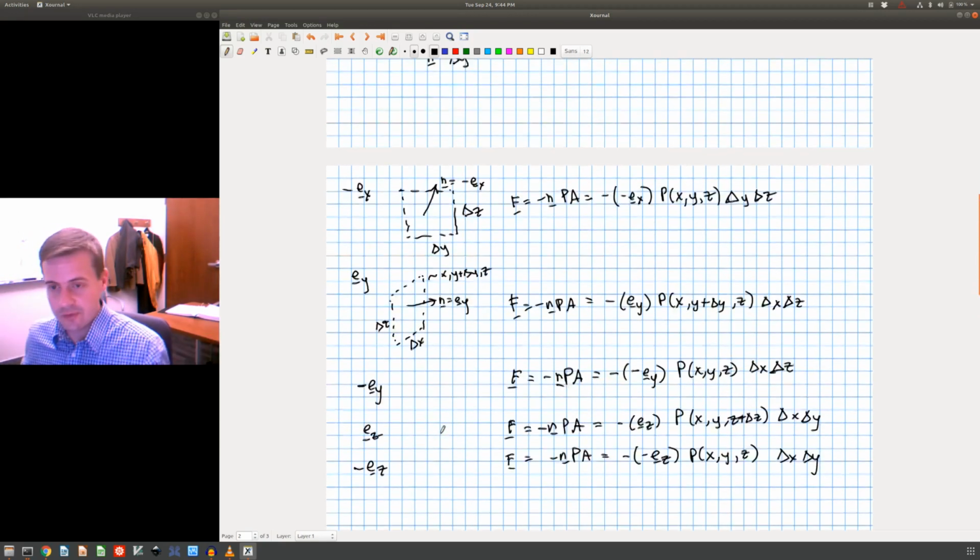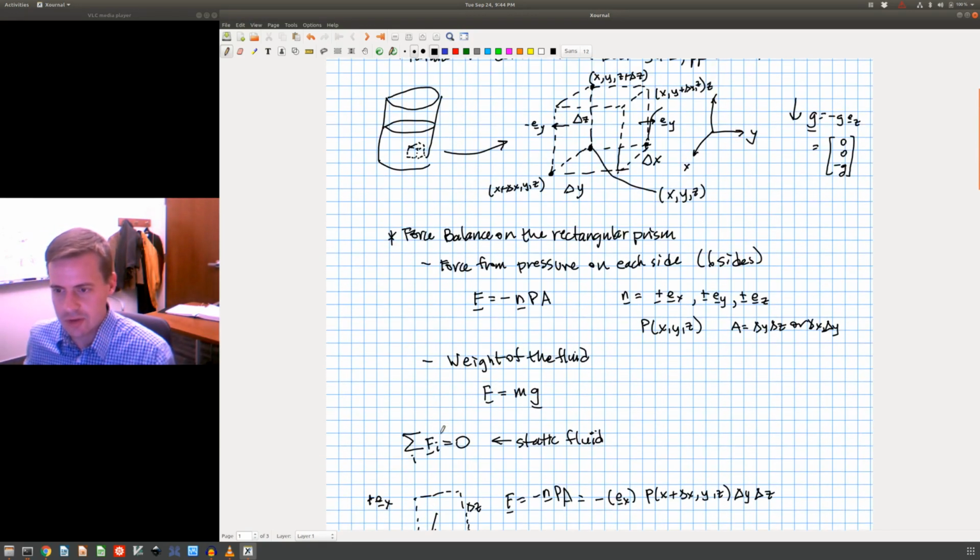The last force that I have is the gravitational force. Gravitational force is the mass times gravity of this whole box. Because these are called surface forces, for reasons that we just saw, they act on the surface.